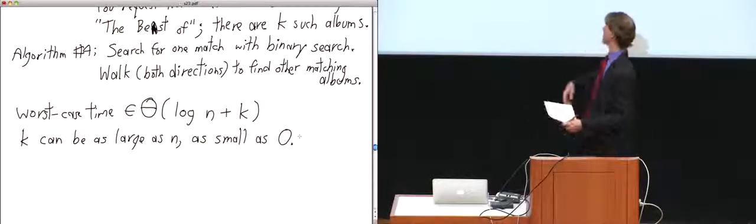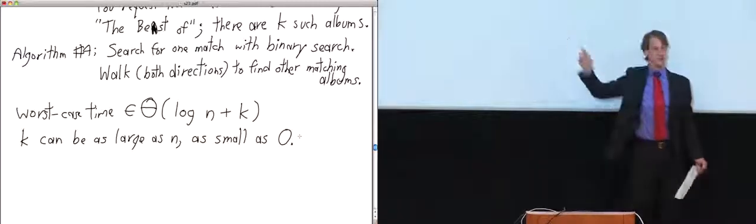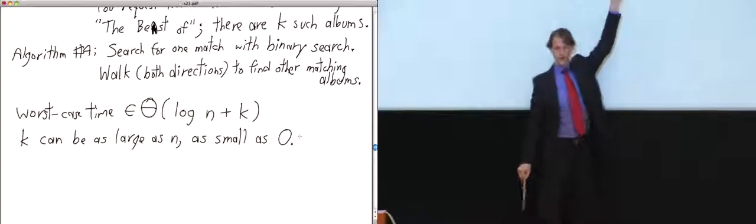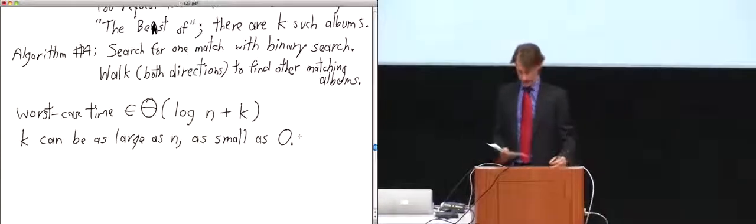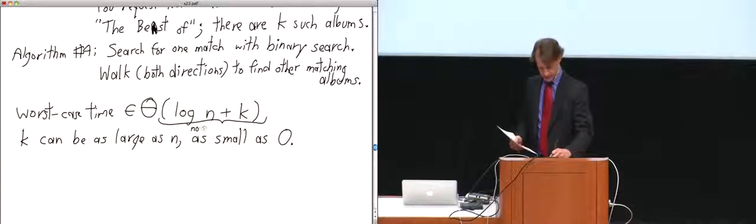And what that means is there are times when the k term dominates the log n term, and there are times when the log n term dominates the k term. You don't know which one's going to be bigger for any particular case. And so there is no simpler expression than this.